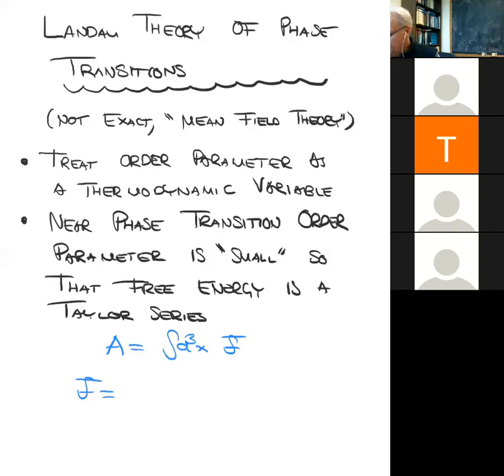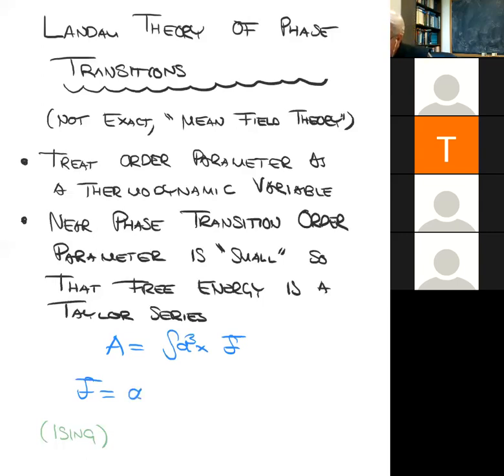For definiteness, I will consider the Ising model. There's some order parameter, which is not a vector, but just an ordinary number. But the system is symmetric in plus or minus m. So whatever Taylor series I'm about to write down, in the absence of an external field, only has even terms.